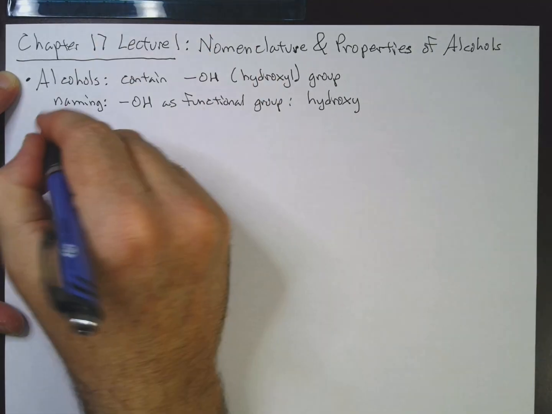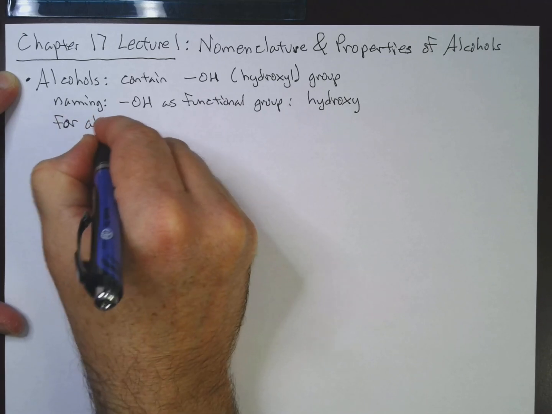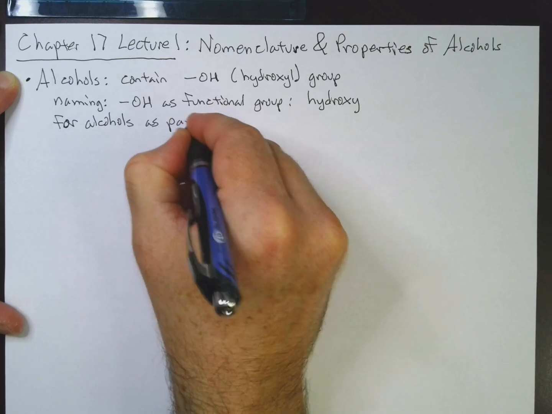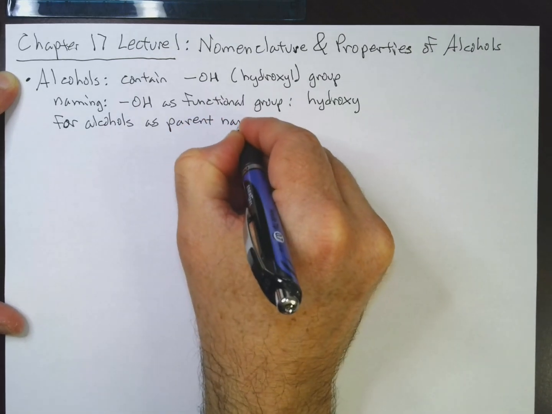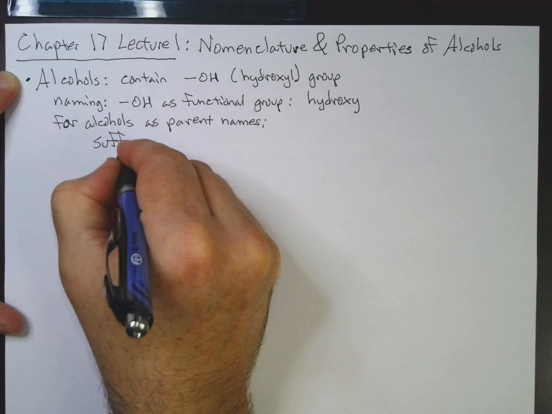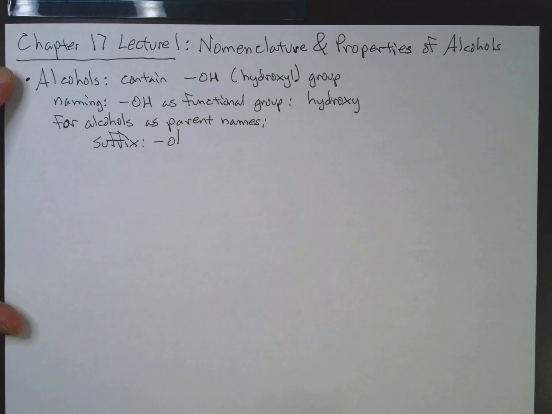Now for alcohols as parent names, the suffix we will use is OL, all.